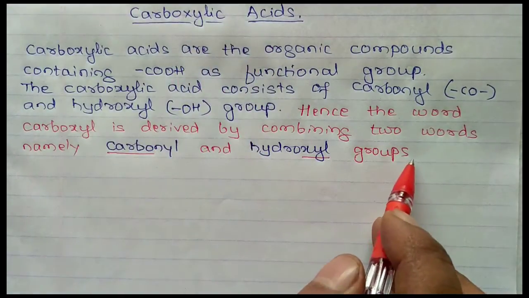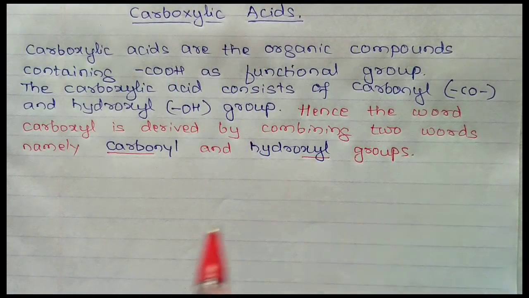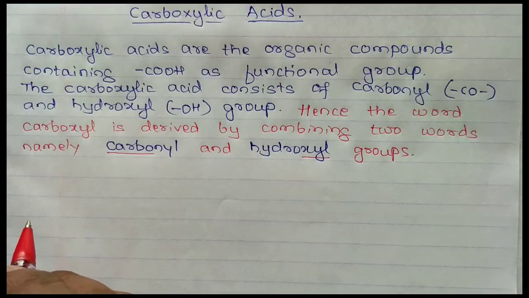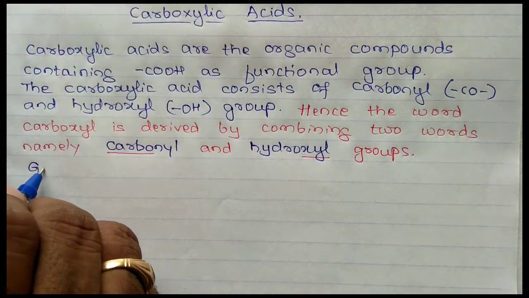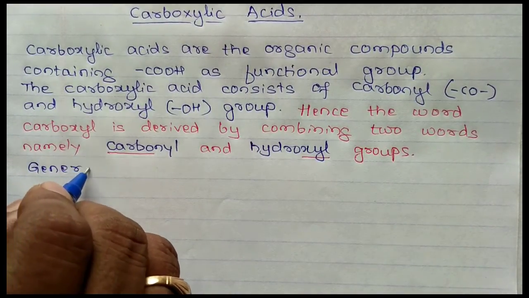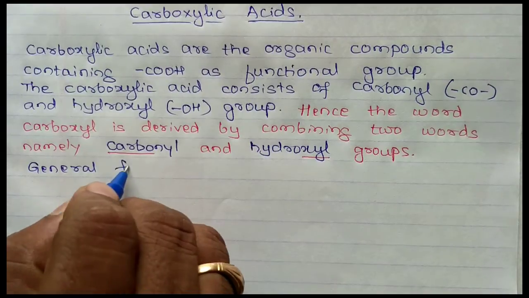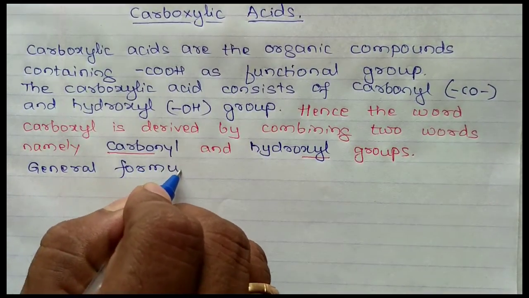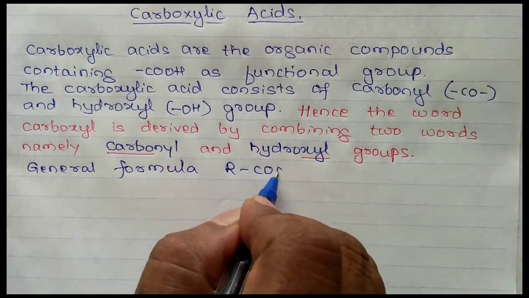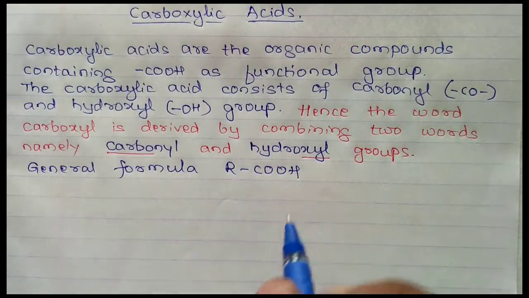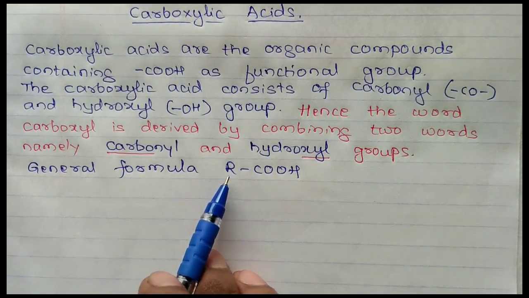So the name carboxylic acid is given to such compounds, and these are represented by the general formula RCOOH. R may be H or any alkyl group or aryl group.